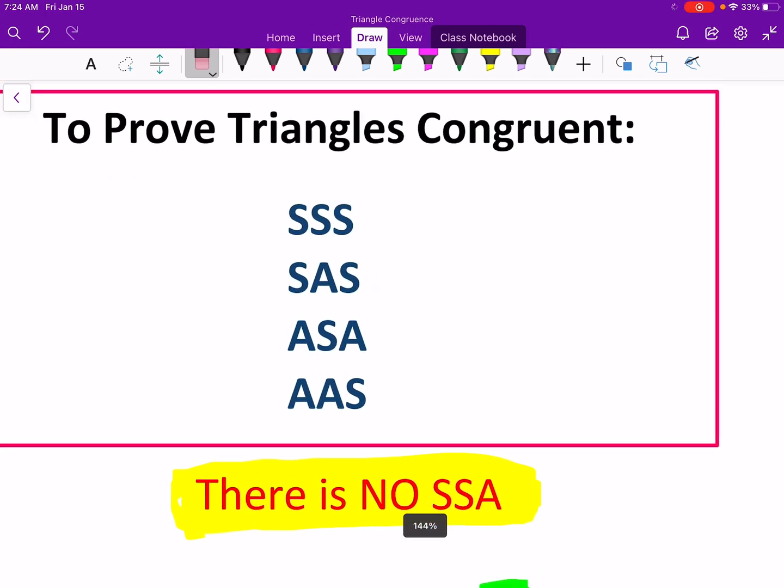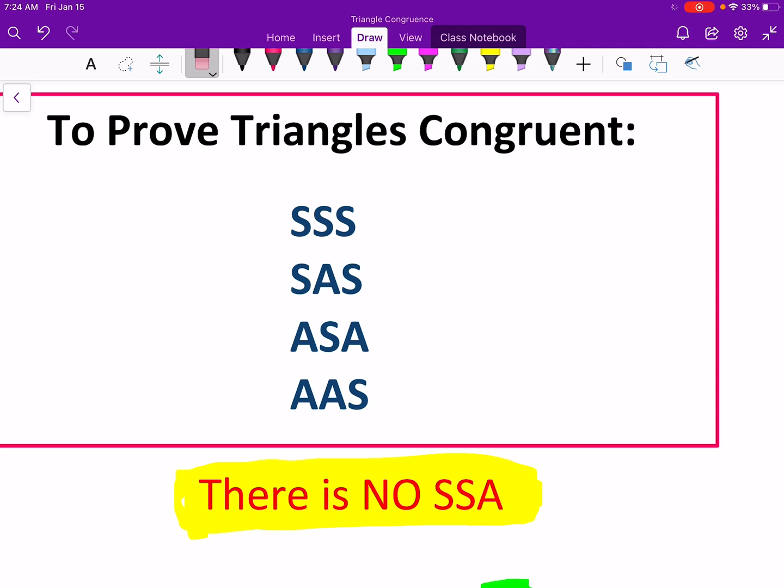I'm going to show the kids in class a picture, but pretty much just for you all that are at home, let me show you how this works. We might have here's the side of a triangle, here's the side of a triangle. We'll say those two are congruent. We have another pair of sides that are congruent. Here's what happens.